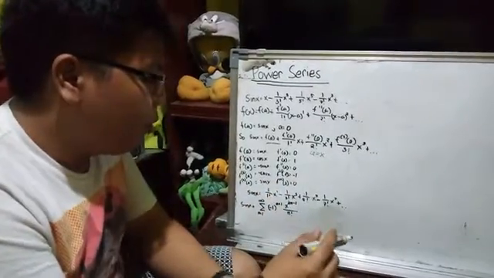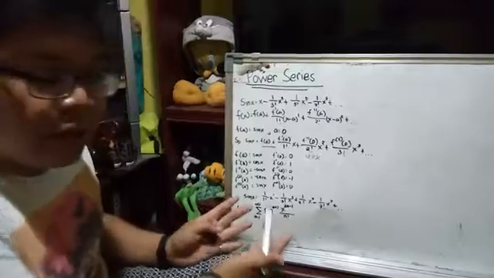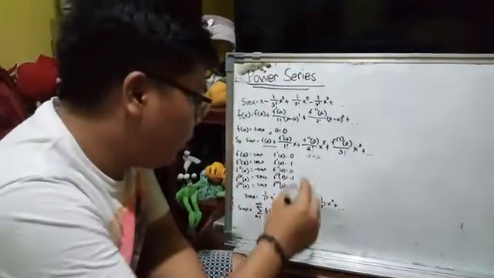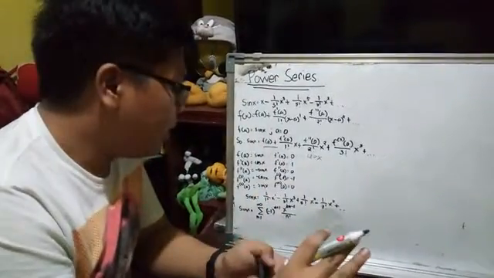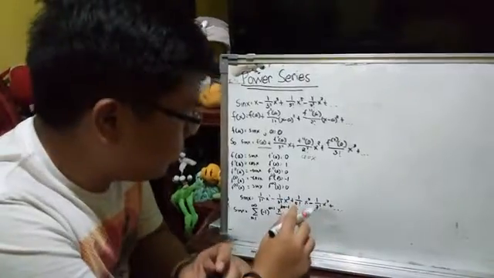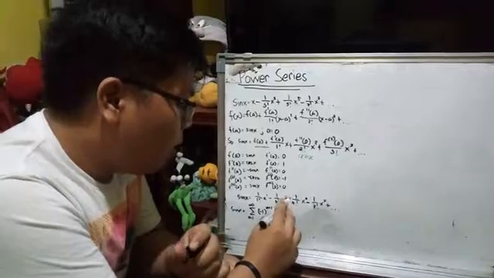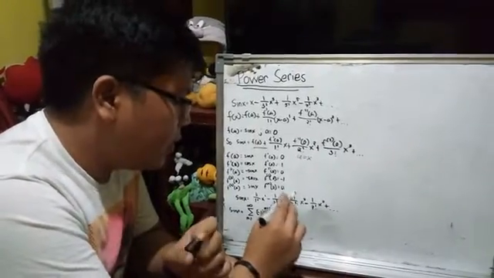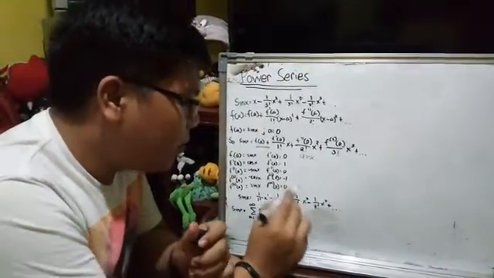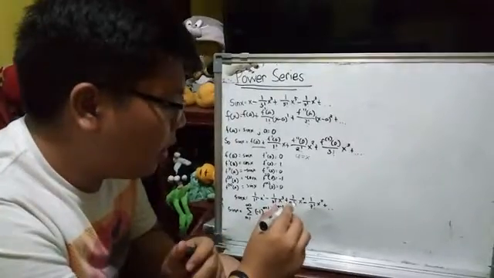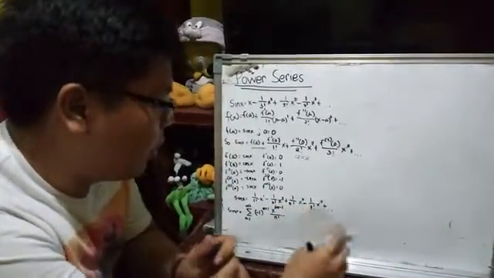So you can see a pattern here. You can assume that the next terms are plus 1 over 5 factorial x raised to 5 minus 1 over 7 factorial times x raised to 7 plus dot dot dot.